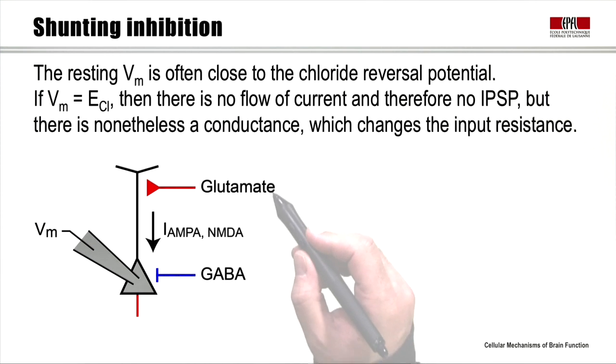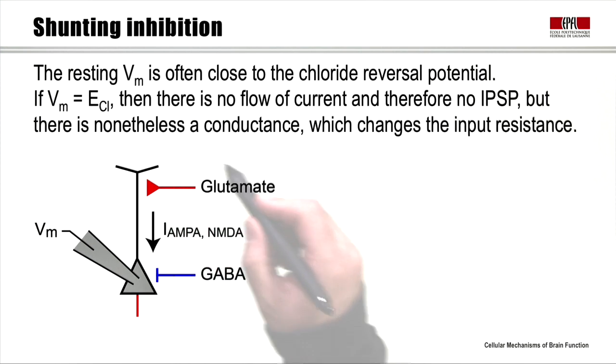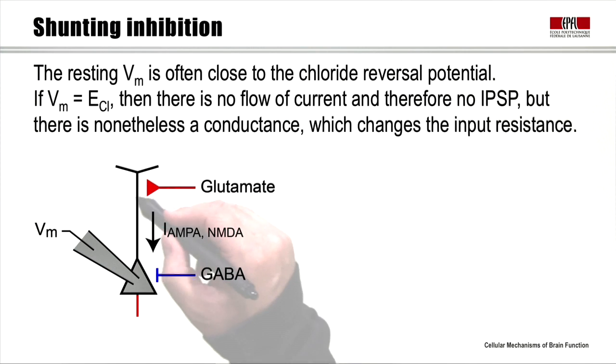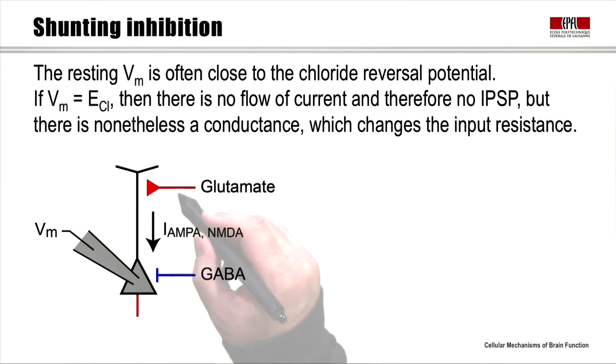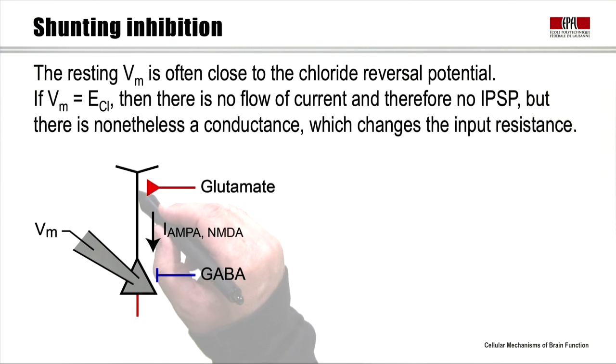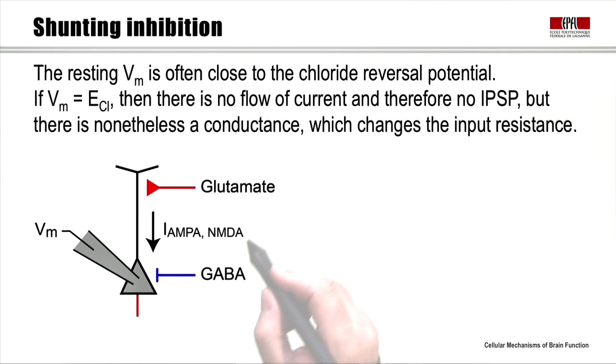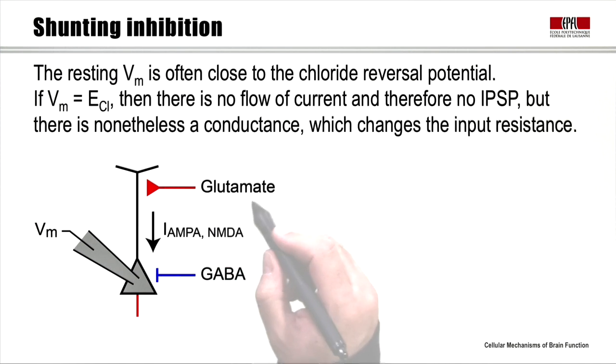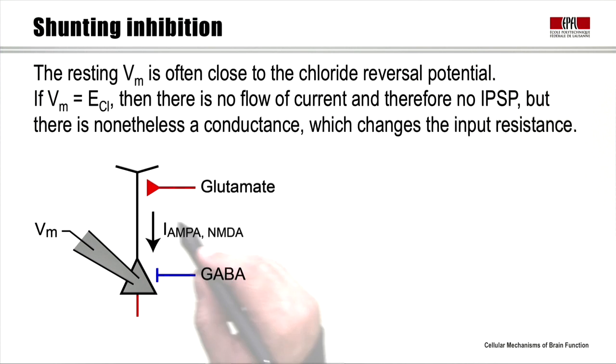We can imagine, for example, a glutamatergic excitatory conductance coming into the dendrites of a cell. That then causes current flow into the dendrite that will then go towards the soma. And so there'll be conductances from glutamate that mediate currents, charge flow via the AMPA and NMDA receptors that contribute to changing the membrane potential of the soma.